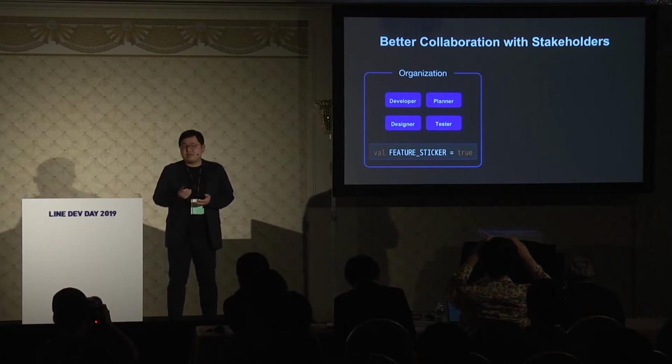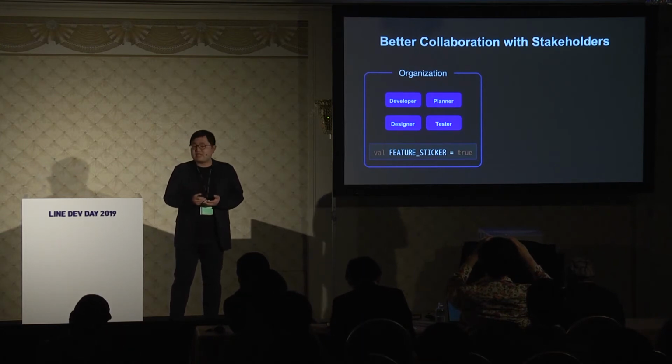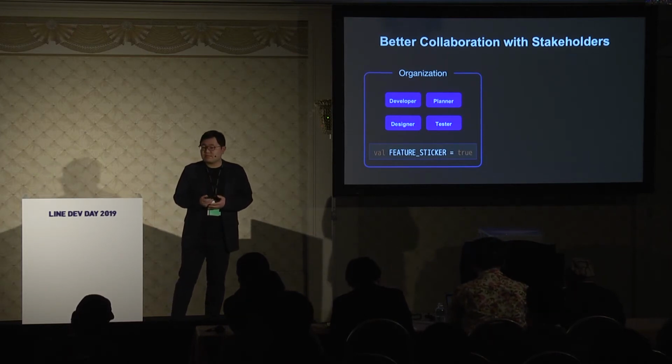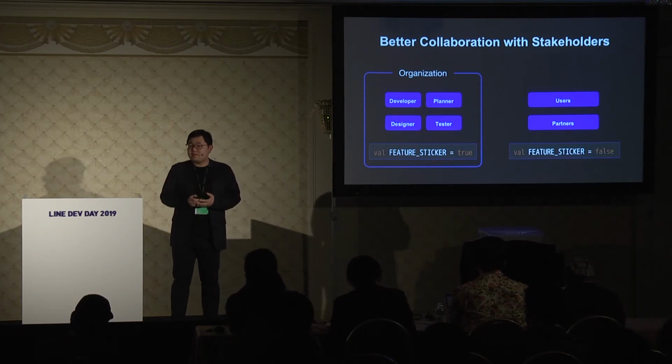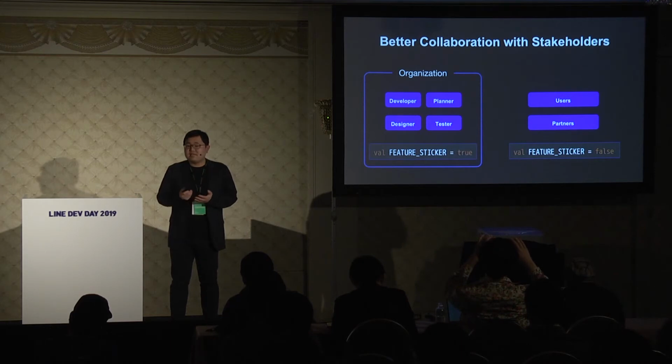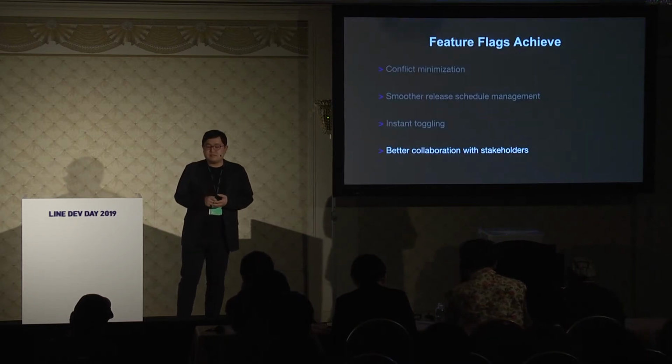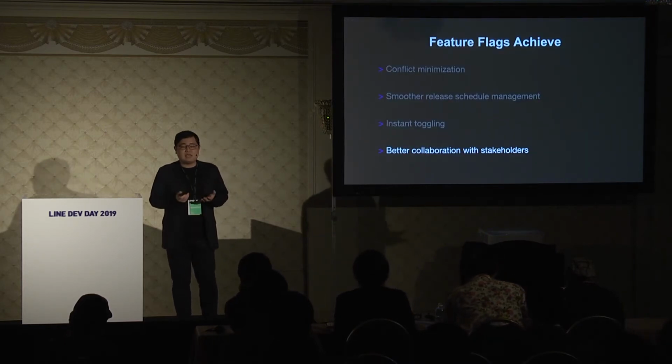You can also use it for demonstration presentations, and by making the feature flag true, you can share that. On the other hand, for general users or partners, you can make the feature flag off so that you can block the exposure of the feature.